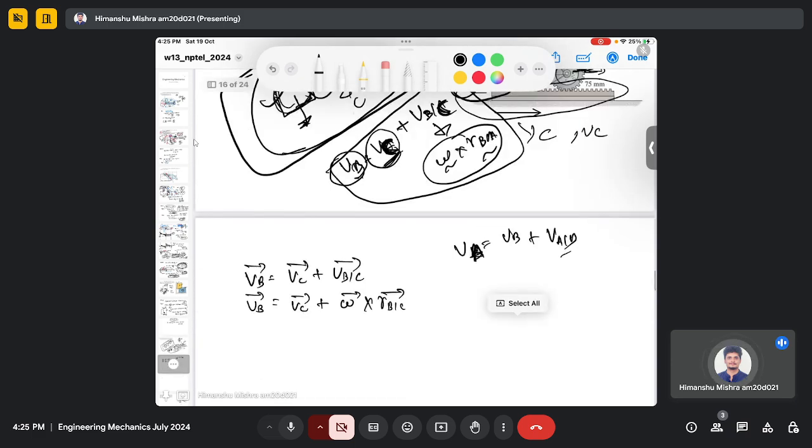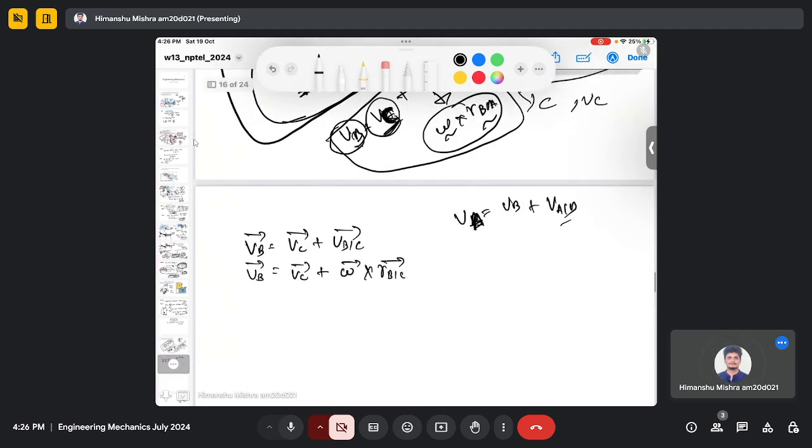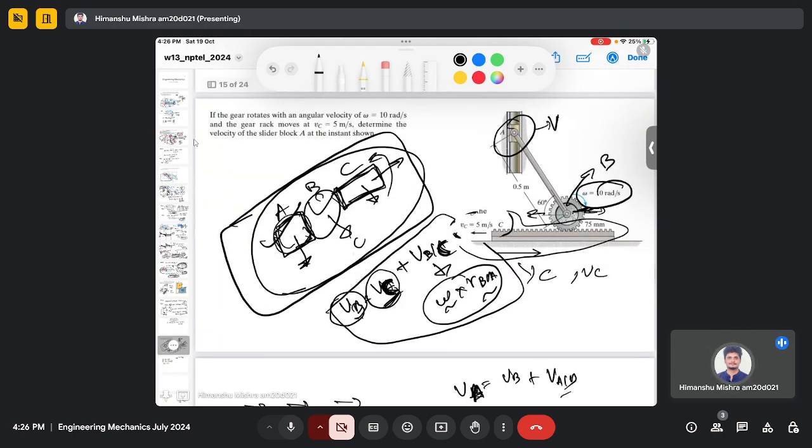So VC is 5 meter per second in the minus x direction, so it is minus 5 in the x direction. Omega is 10 rad per second, and the direction of this angular velocity is out of the screen.